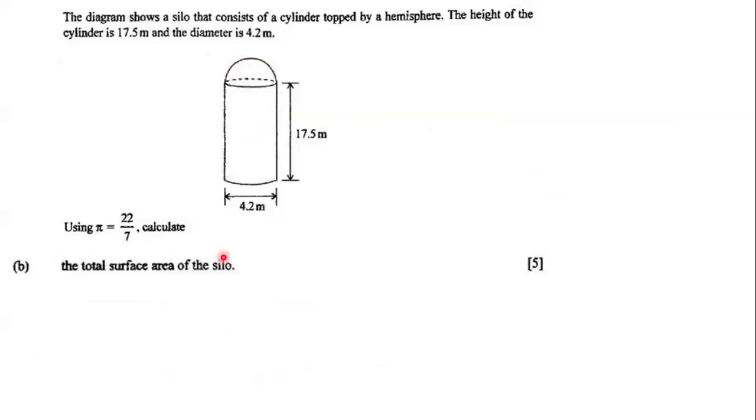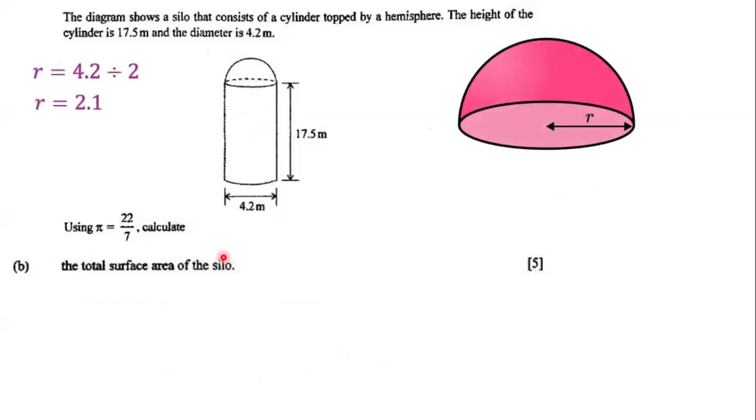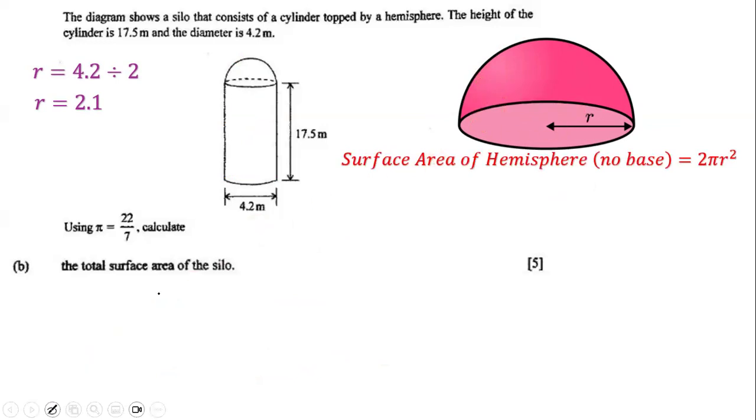The total surface area, okay, so we need to figure out what is the surface area of the visible hemisphere. Now it's important to note that the base of the hemisphere is not going to be included in our calculation. So we do not include this base.